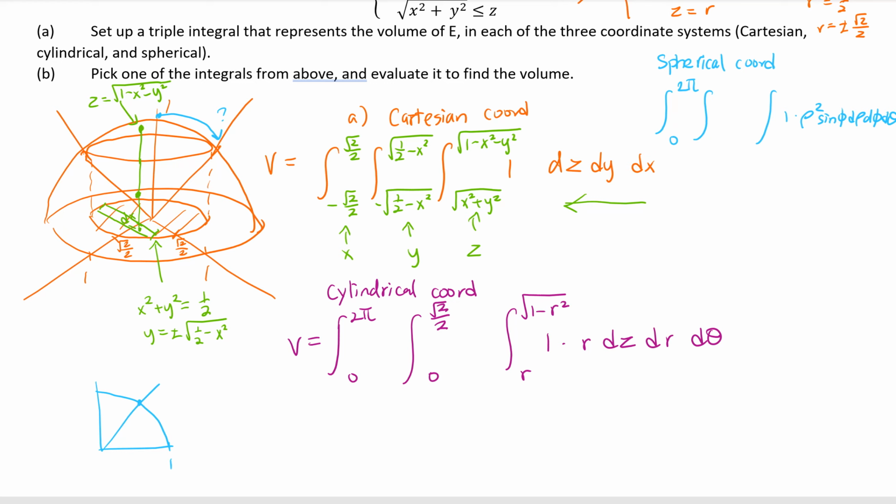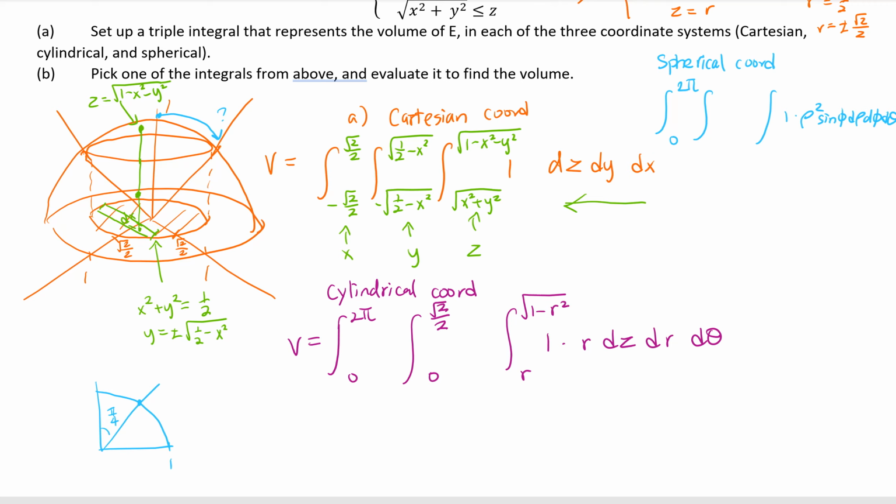And you can also see the cone intersects the xz plane and the yz plane at the lines z equals x and z equals y. So that's why this angle is pi over 4. So far so good.